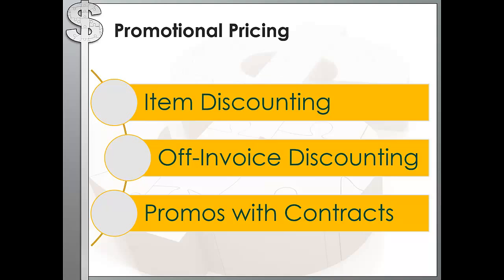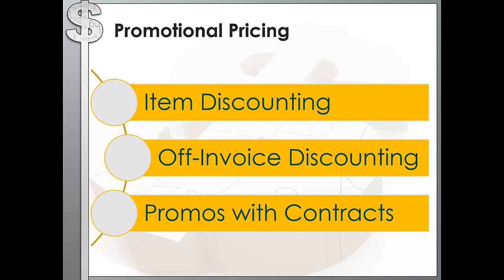While on the topic of promotions, we should discuss off-invoice discounting. Up to this point, we're talking about line item discounting, but it's also possible to take a discount amount off of the final invoice total rather than having that tied to a line item. So just be aware that whenever you're doing promotions, you have multiple options.